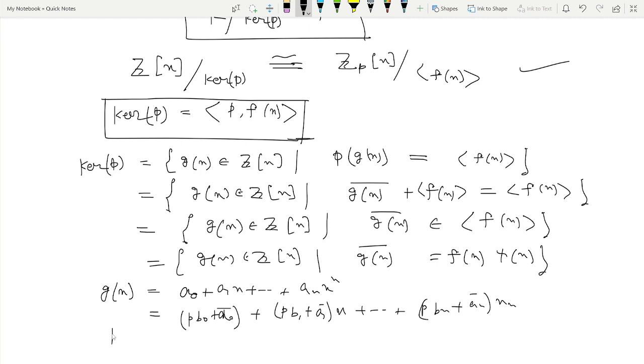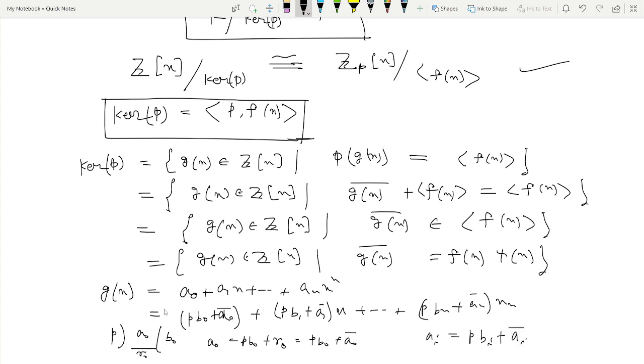If we divide a0 by p, we get a quotient say b0 and a remainder say r0. So a0 equals p b0 plus r0, and we denote this remainder r0 by class a0. In this way, all such ai we write as p into bi plus class ai.